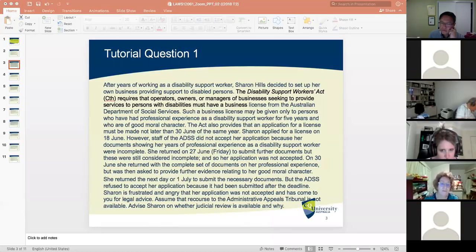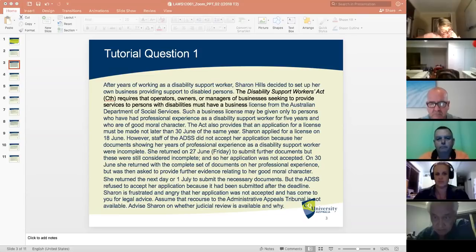However, staff of the ADSS did not accept her application because her documents showing her years of professional experience as a disability support worker were incomplete. She returned on the 27th of June, Friday, to submit further documents, but these were still considered incomplete, and so her application was not accepted.